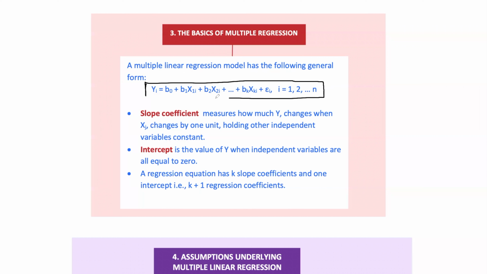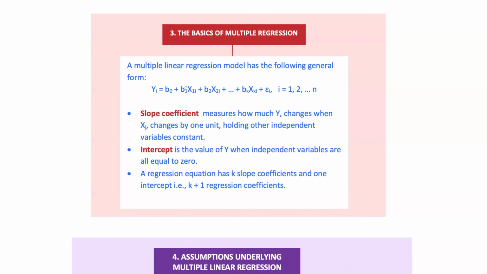The general formula for multiple regression looks like this. Let's break this down in real-world terms. Y represents the outcome we're trying to predict, in our case, coffee shop revenue. Each X represents an independent variable, like advertising spend, number of tourists in the area, or even the temperature. The B values are coefficients that tell us how much Y changes when X changes.